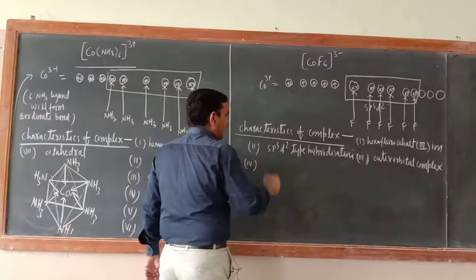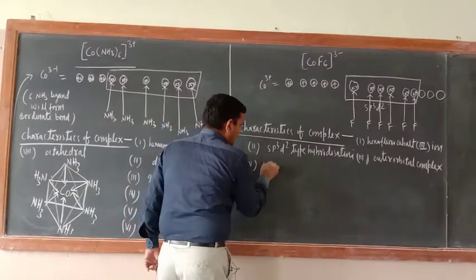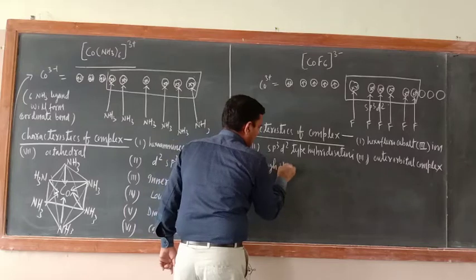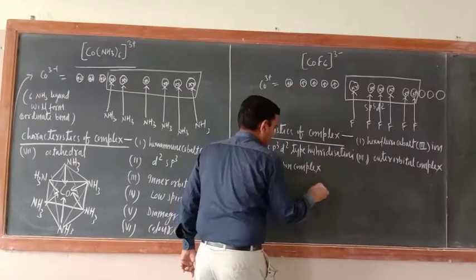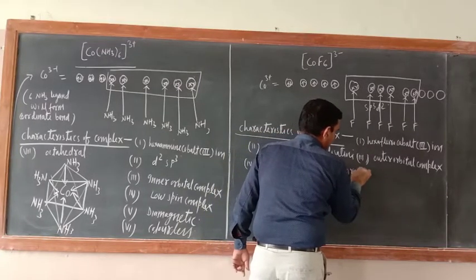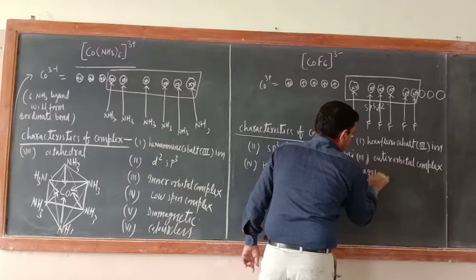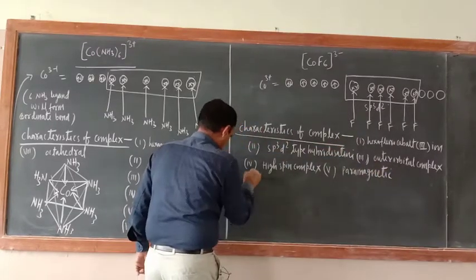Fourth, unpaired electron is there. So high spin complex. Next number is paramagnetic.